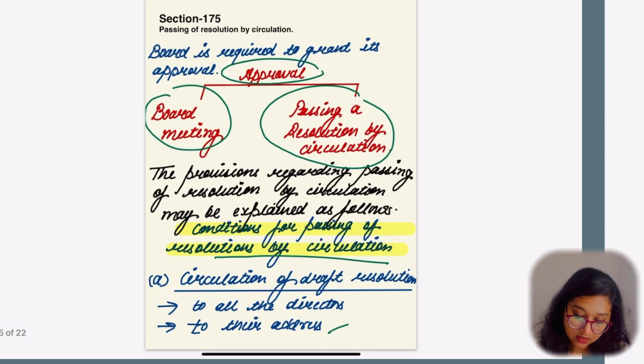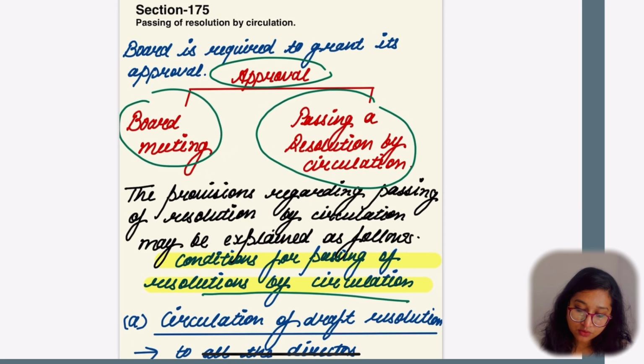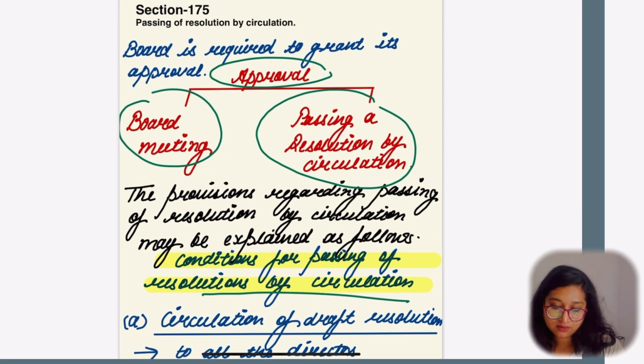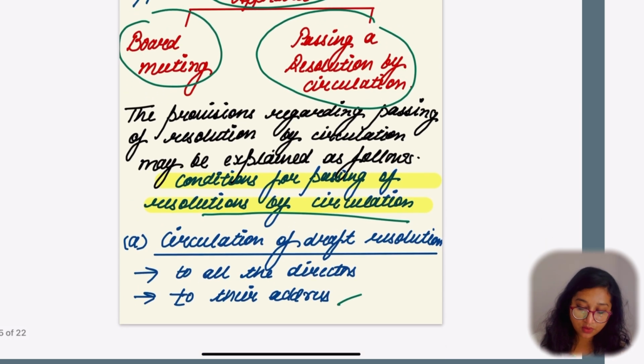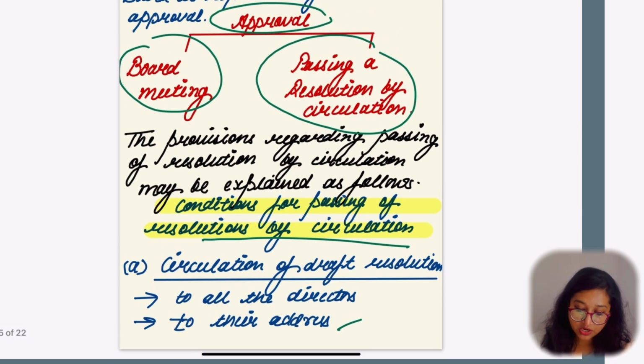They are saying that if the company is required to grant its approval, they are going to take it either in a board meeting or by passing a resolution by circulation. But there are some conditions for passing a resolution by circulation.